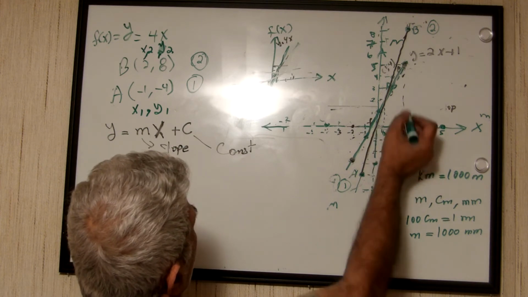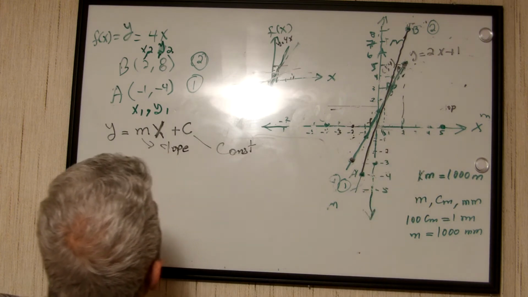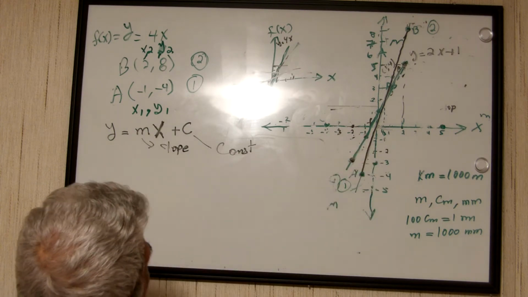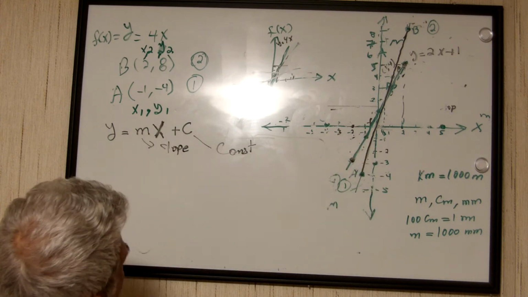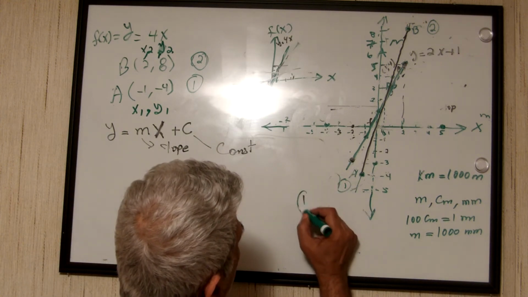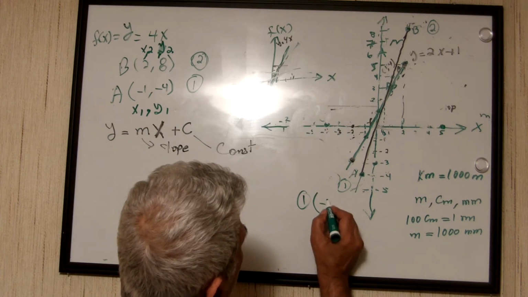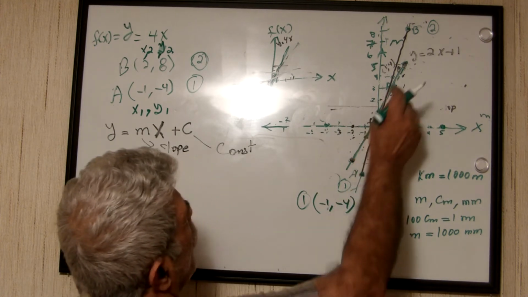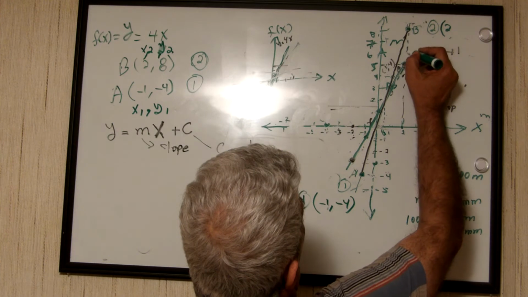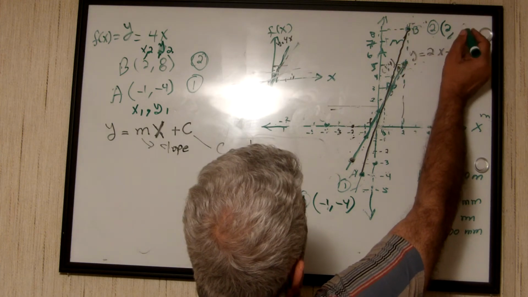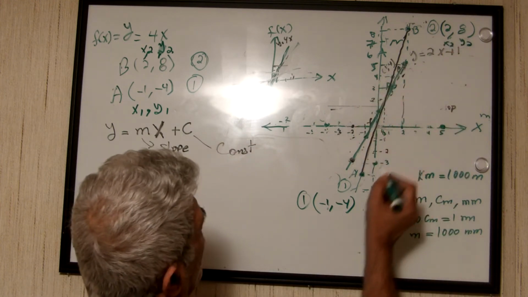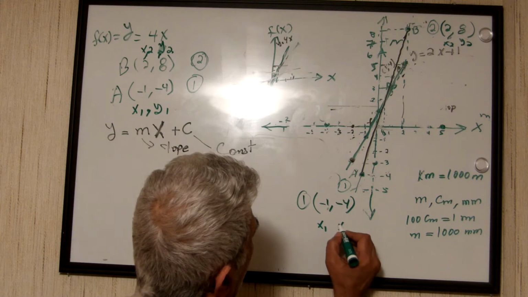So point A has coordinates (-1, -4), and point 2 is (2, 8). So this is y2, this is x2, and this is x1 and y1.